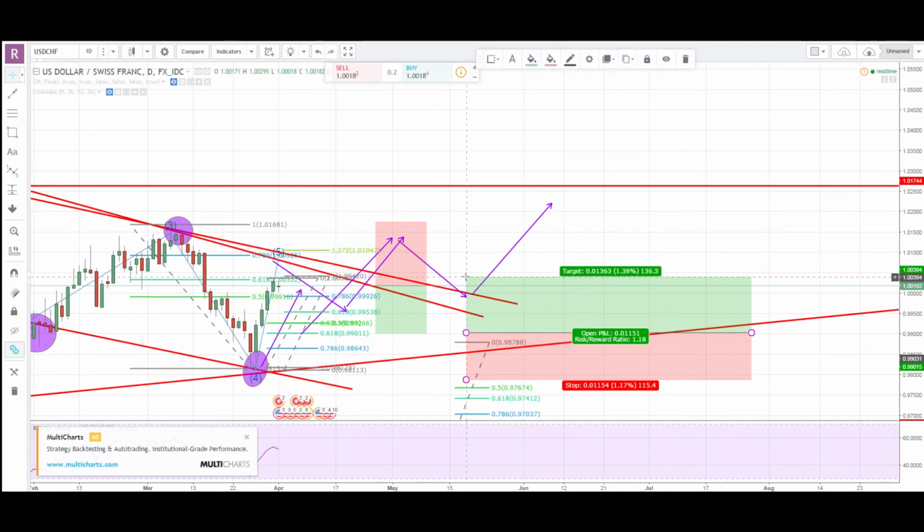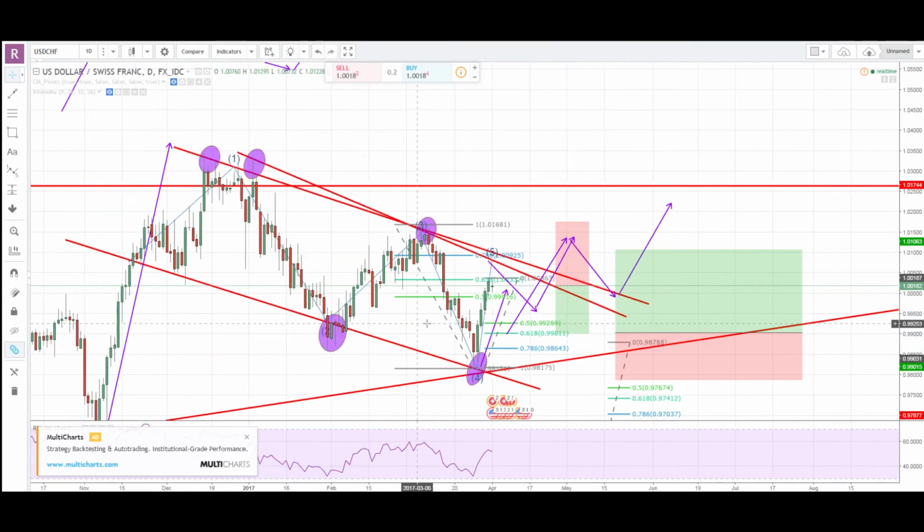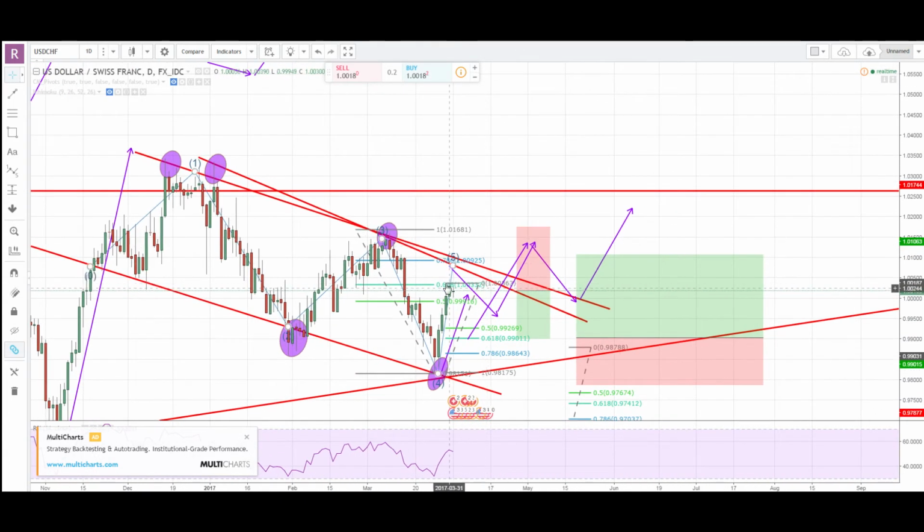So it will be somewhere between the touch and extension. You have to really be careful about that, because it really depends how much time price will follow it.